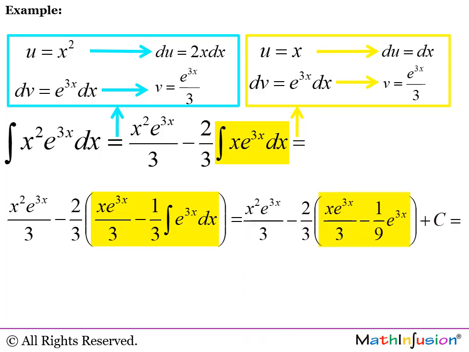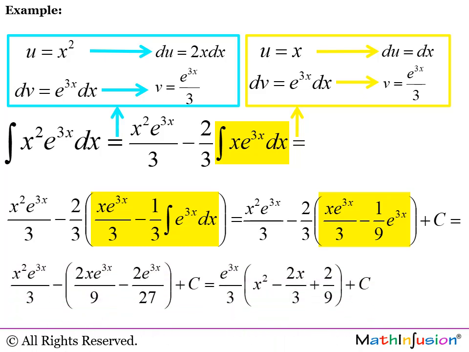So now I'm doing again the integral of e to the 3x dx, and I get that this is e to the 3x over 3. Because I have 1 over 3 before, I get 1 over 9 times e to the 3x now. Well, we can simplify this a little bit because all of those terms have e to the 3x over 3.